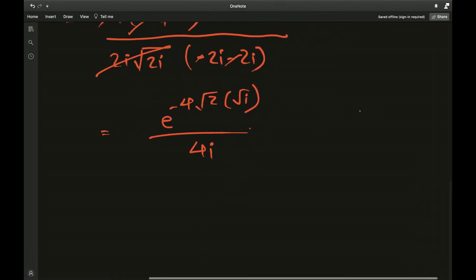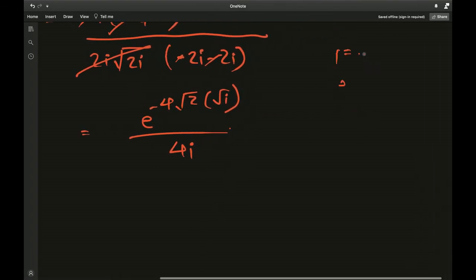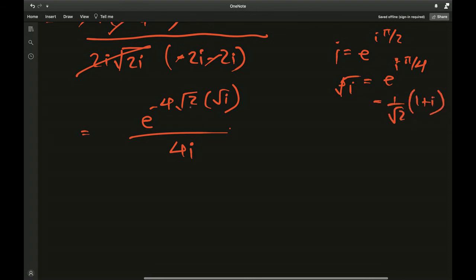Now the square root of i by Euler's identity is e to the i pi over 4, which is 1 over root 2 times i plus 1. And you're multiplying by root 2, so this will get cancelled with that.